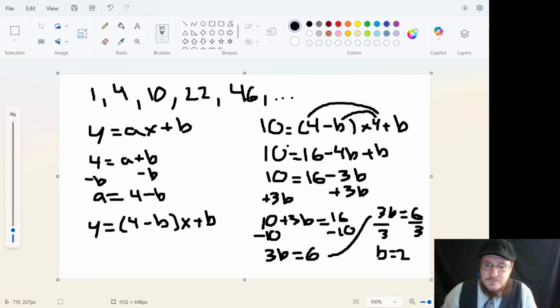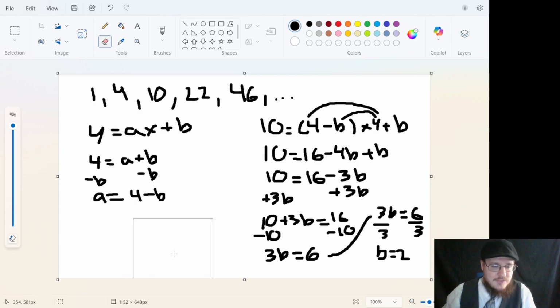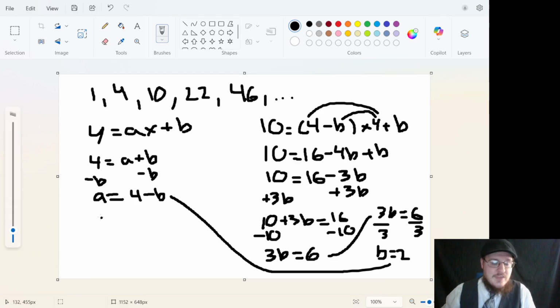But right there, some bigger values, but we have a pattern constant of 2. We can now take this pattern constant and plug it in over here for our A, to get our A. So I'm going to erase that little section, and I'm going to plug this in over here.